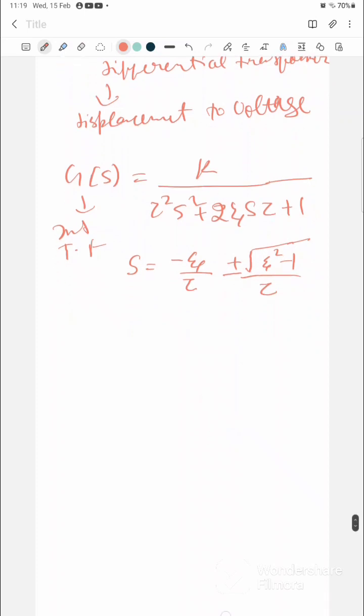Underdamped is when zeta lies between 0 to 1.